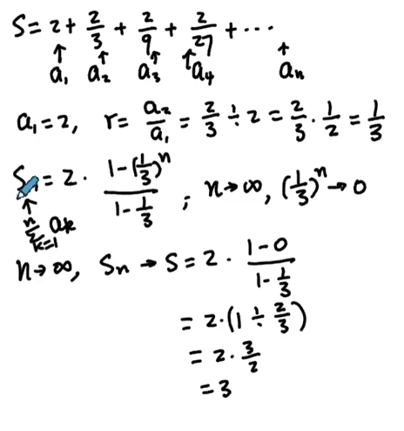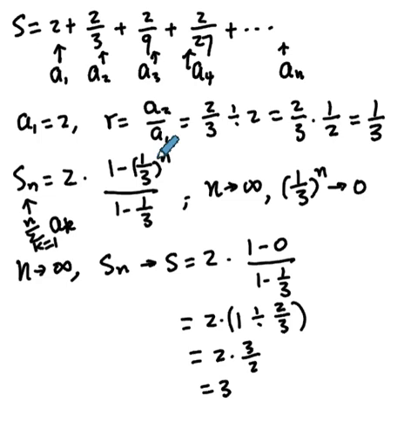If we have n terms, then the formula will be the initial value times 1 minus the ratio to the n, divided by 1 minus the ratio.